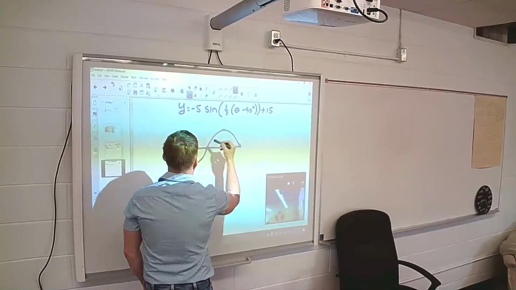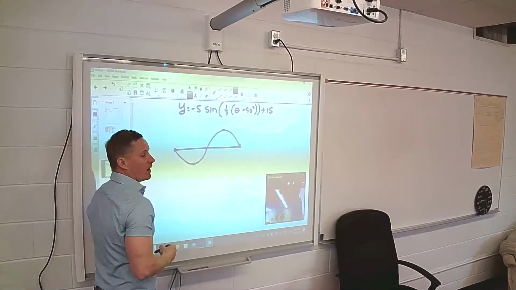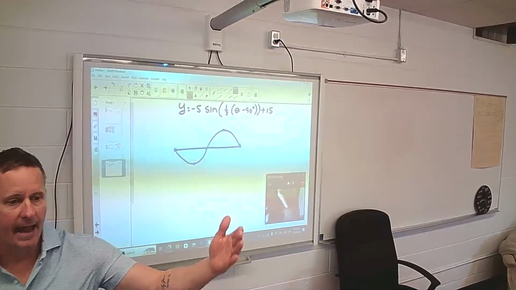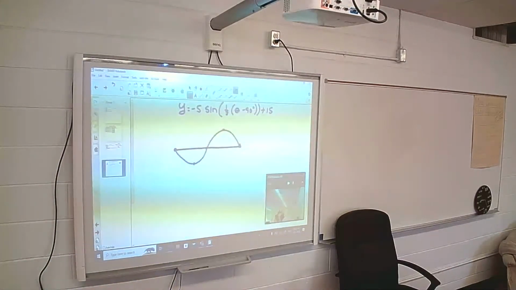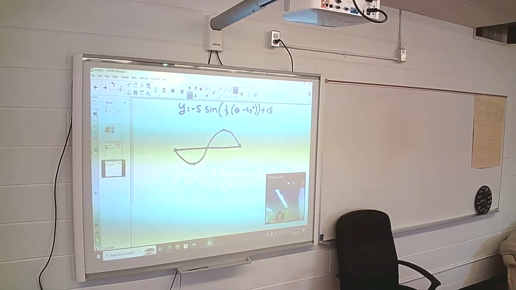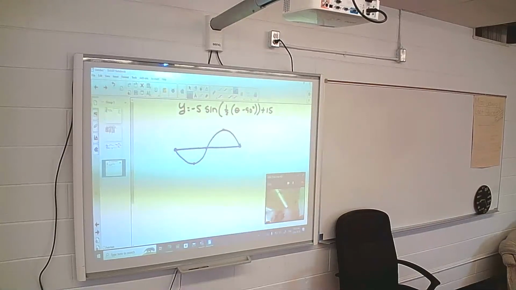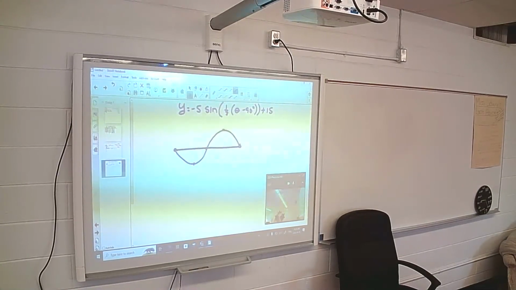Okay. Does everybody understand why I did that? The negative flips the graph over the axis, right? A negative A is what we call a reflection over the x-axis, right? So in this case, A is -5. So I have to flip it over the axis. Are we okay with that?